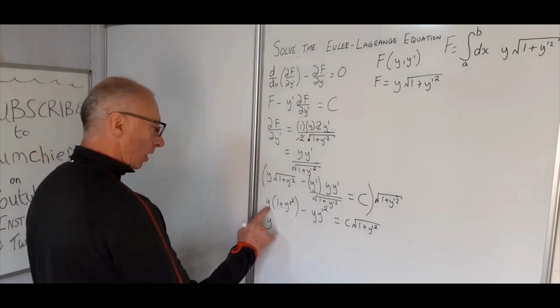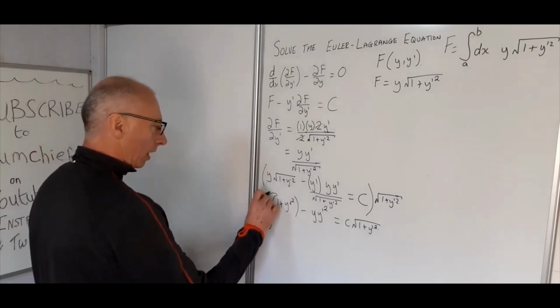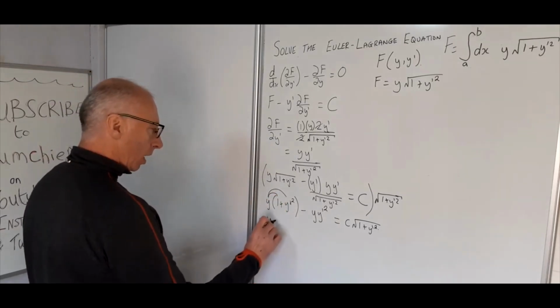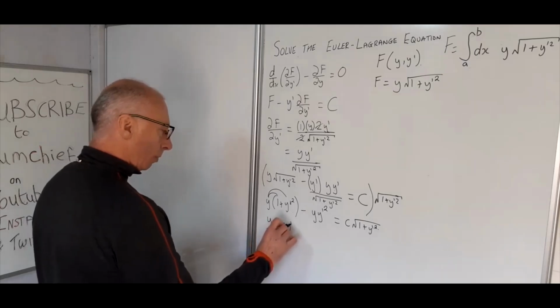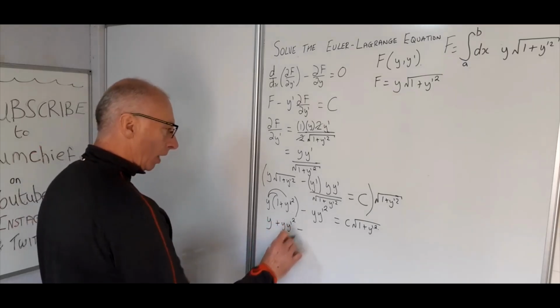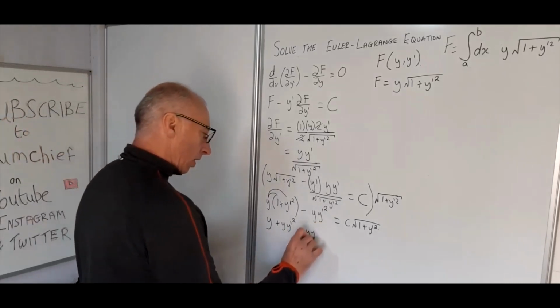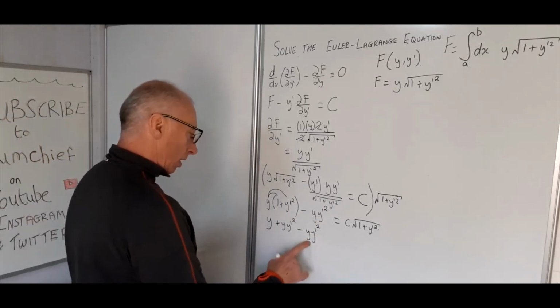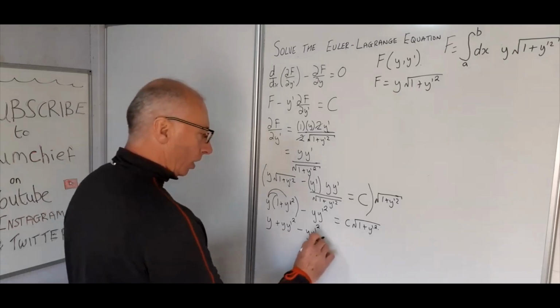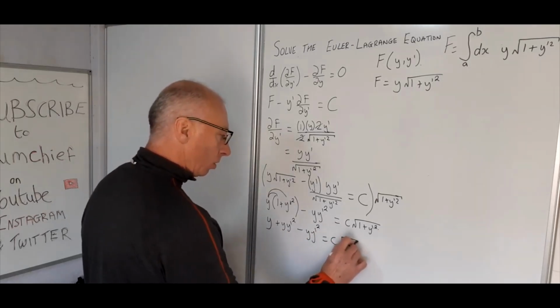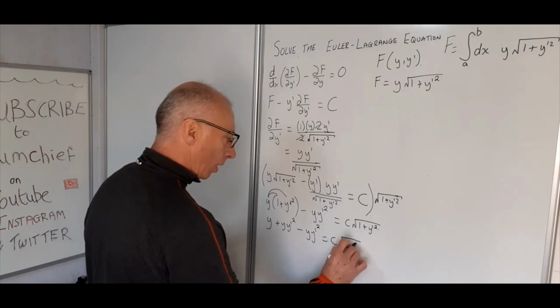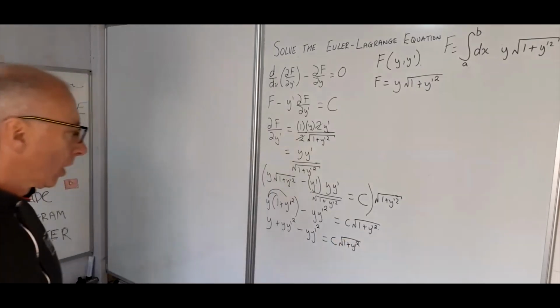So we've got y, distribute that in here, and then distribute it with this one. So y plus y times y prime squared minus y times y prime squared. Now that is looking very good. We can see straight away there's a cancellation, and that equals c times the square root of 1 plus y prime squared.